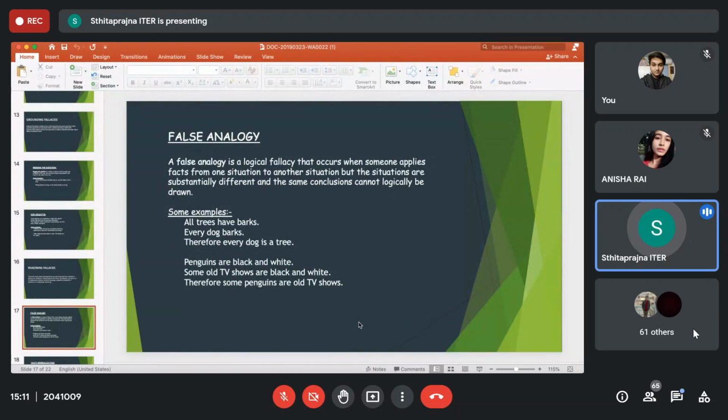Analogy is making a comparison, and when you do that in a situation where it doesn't really apply, where you bring in one example and compare it with another example, two very diverse things, you cannot consider that as a singular syllogism. They never form a syllogism. The colors of the penguins and old TV shows are no comparison at all. So that's called false analogy.